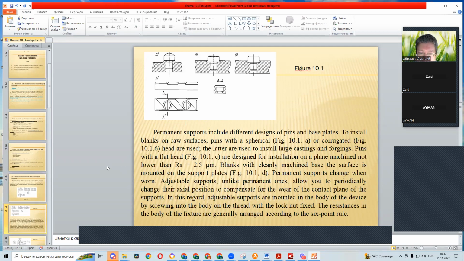To install workpieces on a raw surface, pins with spherical or corrugated heads are used. You can see it in figure 10.1 A and B.